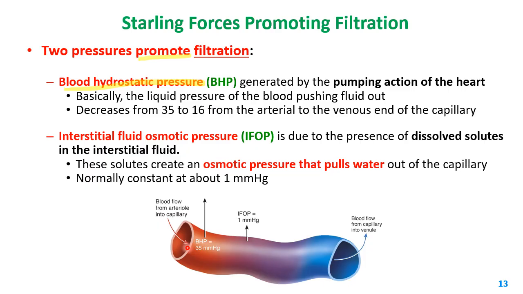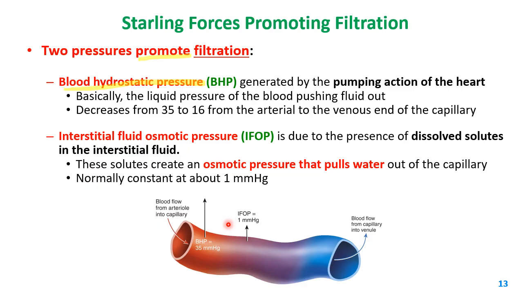Okay? So this stuff here creates osmotic pressure that's going to pull water out of the blood. So everybody's cool with that, right? Any questions about that? No. Two forces, right?